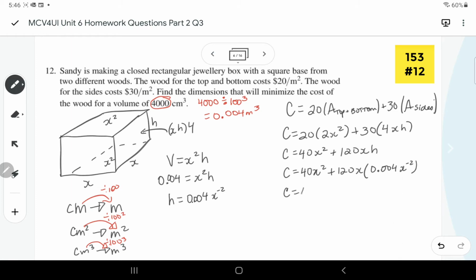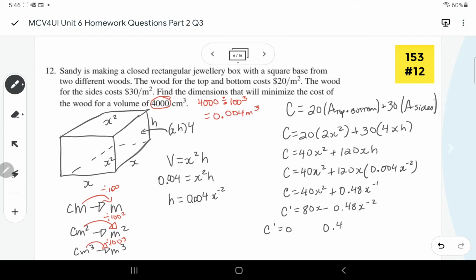So then C is 40x squared plus 0.48 when I multiply the 0.004 times 120, x to the negative 1. So then the derivative of that would be 80x minus 0.48 x to the negative 2. So I'm going to look where C prime would be 0.